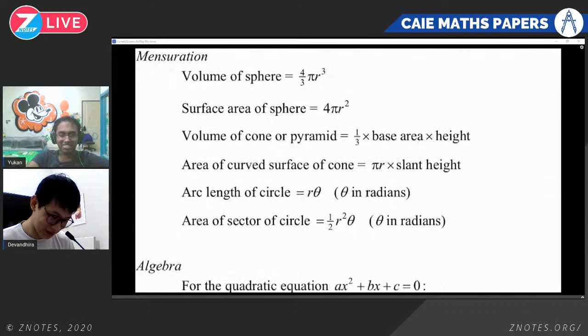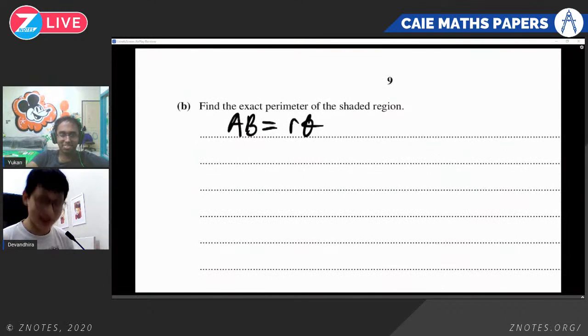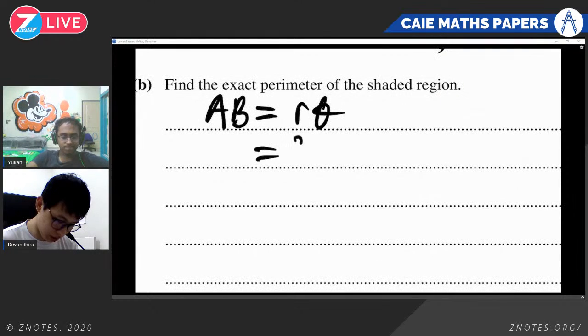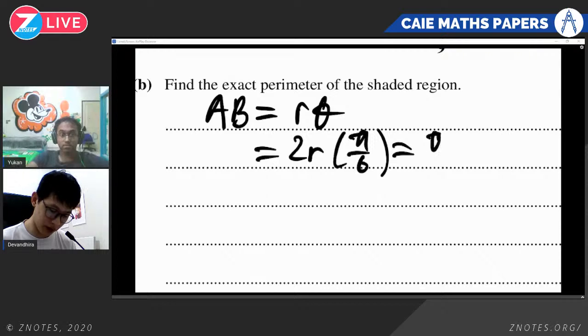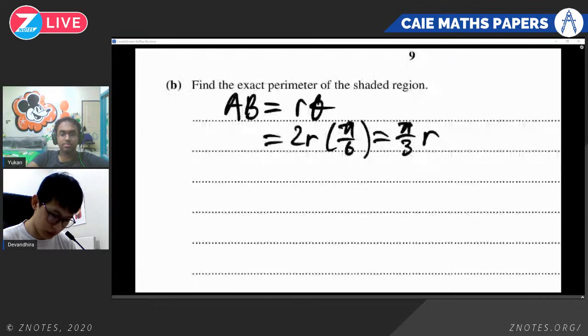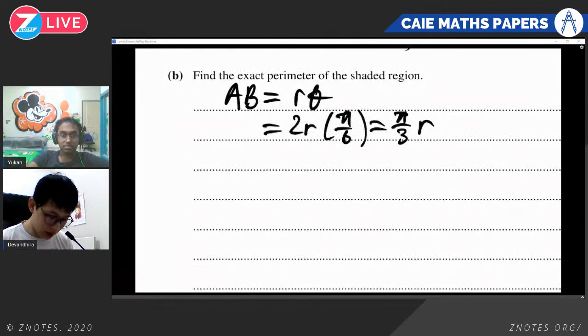Okay, we can go back. All right. So remember that our radius is 2r, and our angle is pi over 6. That means AB is just 2r times pi over 6, just pi by 3 r. Agree? All right. We've got everything.